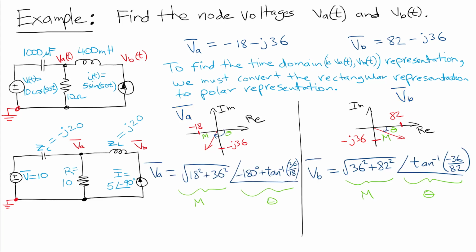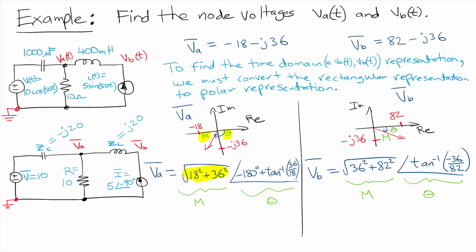So how do we convert to polar form? To find the magnitude, we can just use Pythagoras: the square root of the sum of the squares of the x and y components, or the real and imaginary components. Of course, it was minus 18 and minus 36, but I dropped the minus signs because we're squaring them. So that's how you calculate the magnitude, which is very easy, and then we have to calculate the phase.